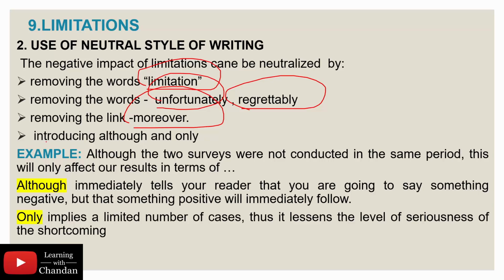Introducing and incorporating words like although and only will lessen the negative impact of limitation in your paper. For example, in the previous sentence, including the word although tells the reader that though you are talking about something negative, you have something positive to offer. And the word only lessens the level of seriousness of your shortcoming.